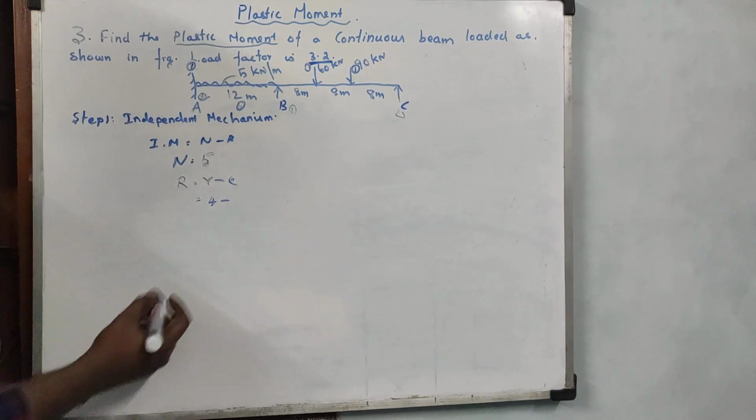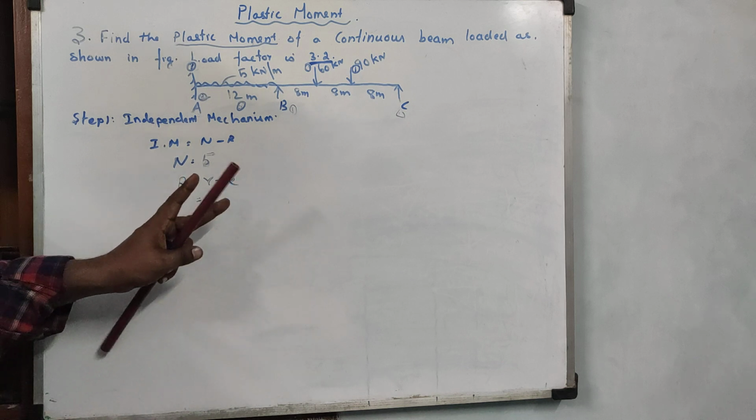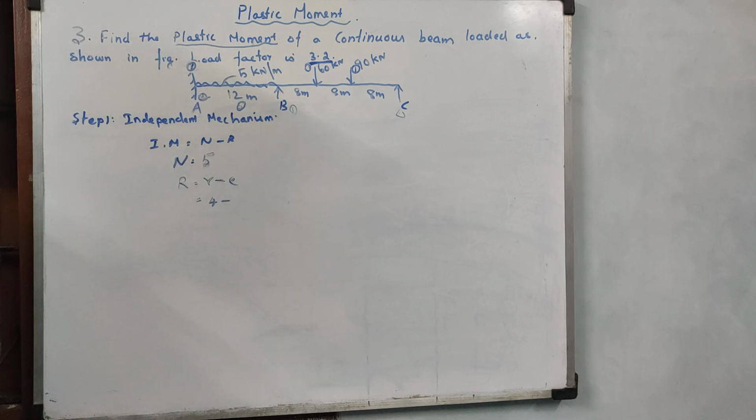4 minus equilibrium conditions. For a 2D structure, 3 equilibrium conditions are there: sum of vertical force equal to 0, sum of moment equal to 0, sum of horizontal force equal to 0.